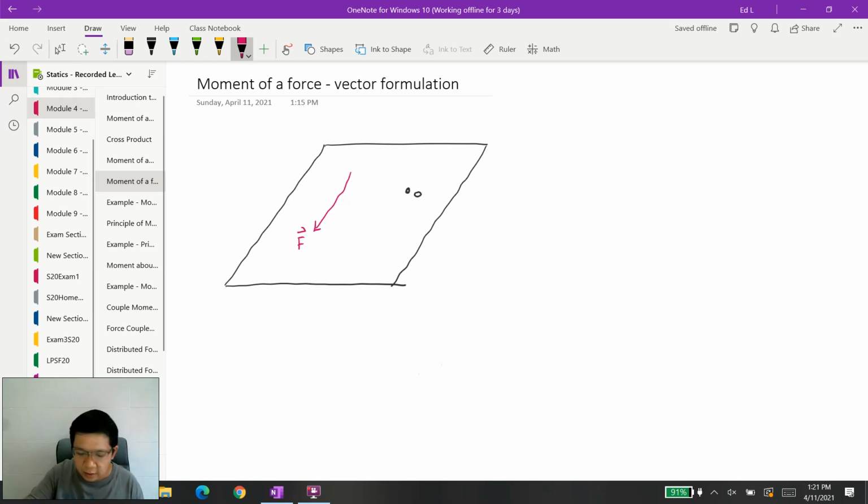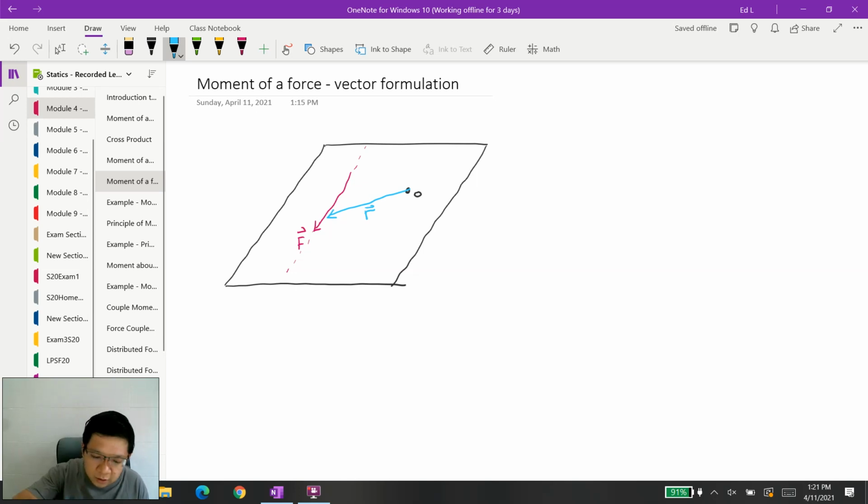I'm going to draw the line of action of that force using dashed lines. We also know that the position vector between point O and any point along the line of action of this force F is R.